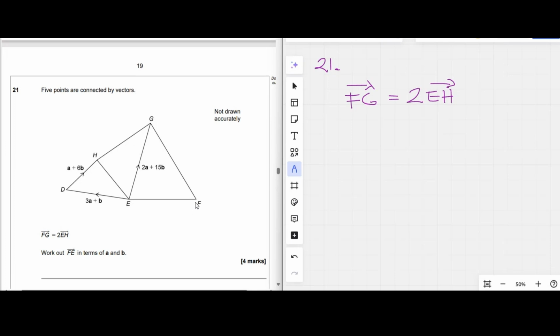Okay, so that FE vector is negative EF, so the different direction. And that EF vector, we can build it from EG vector plus GF vector.